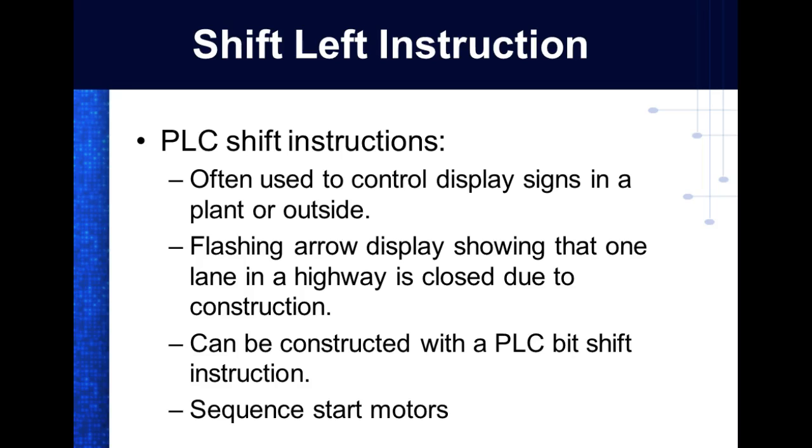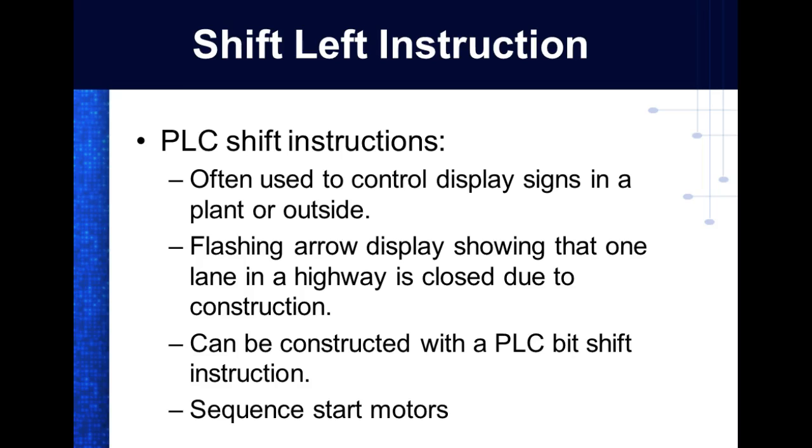Shift instructions. Often used to control display signs. Flashing arrows showing that the highway is closed. I've seen these all the time, right? Flash across. No, it could be, but usually they just, yeah.